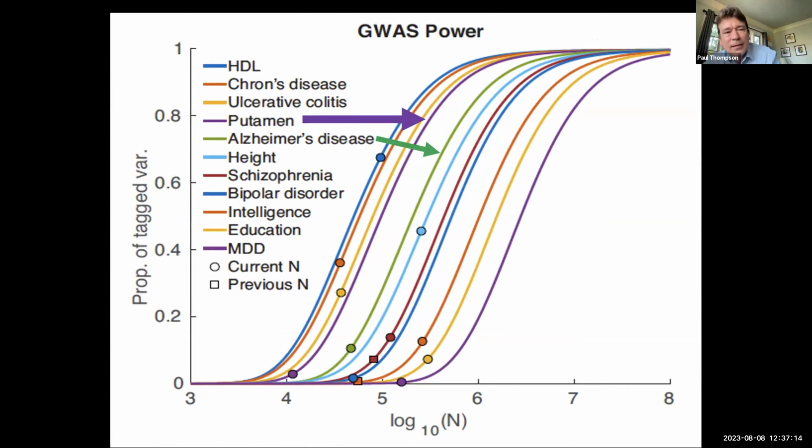But on the y-axis is the proportion of the SNP-related tag variants that has been accounted for by the GWAS. Way over on the right, there are phenotypes like major depression that have not been entirely fruitful until recently for GWAS. And then biomarkers that have a very simple architecture, HDL, for example, is a favorite one.